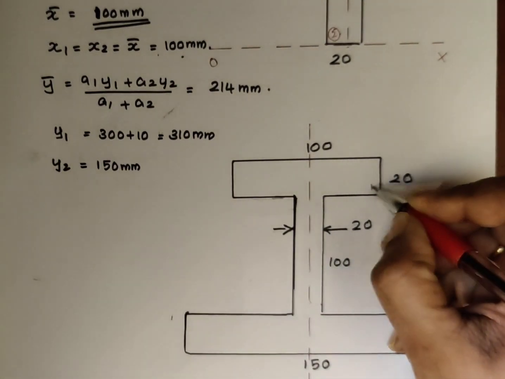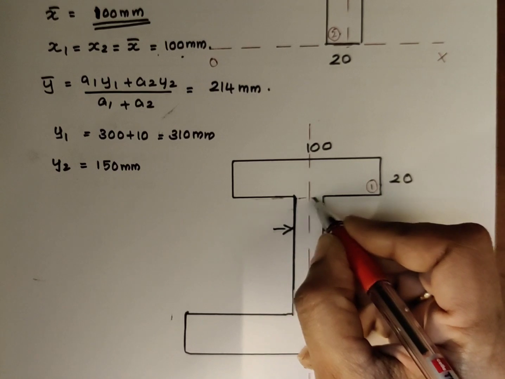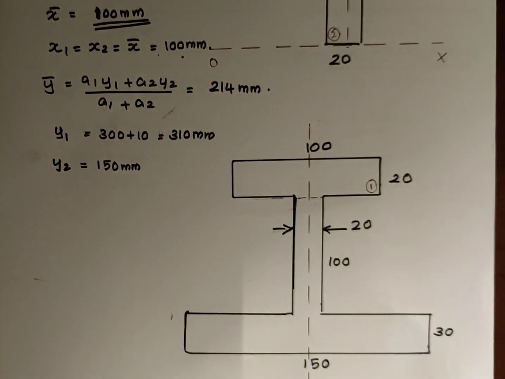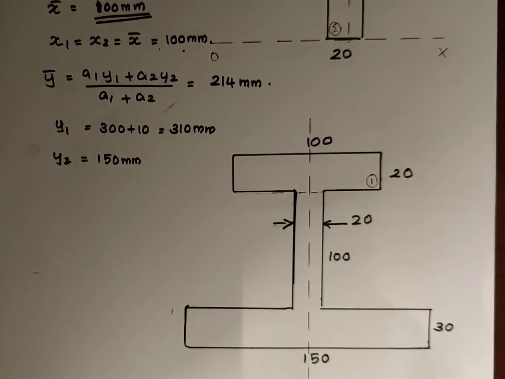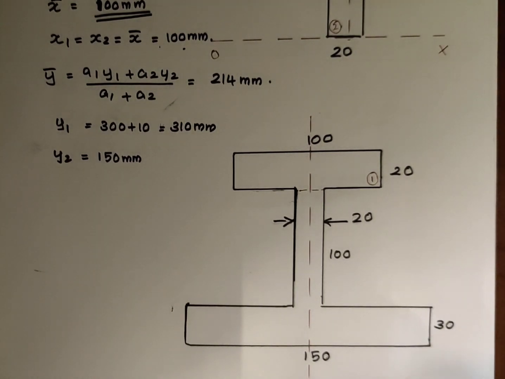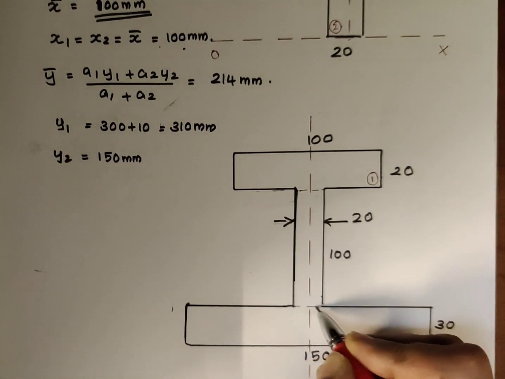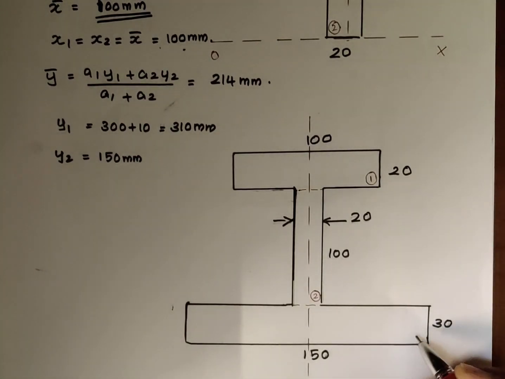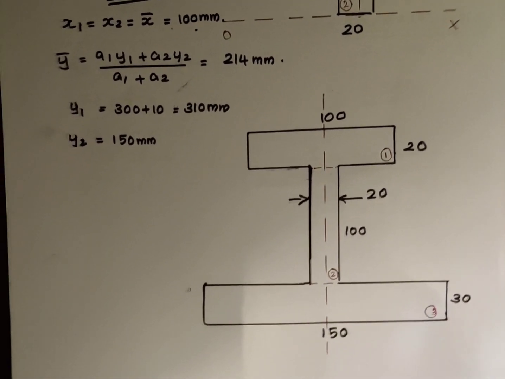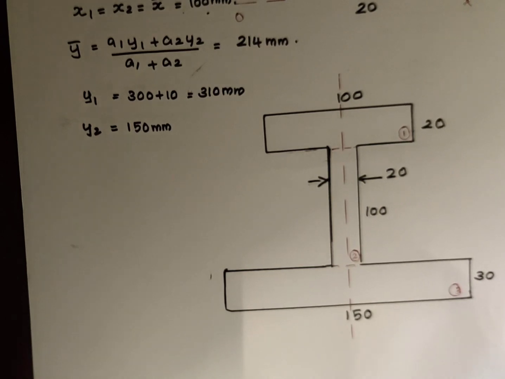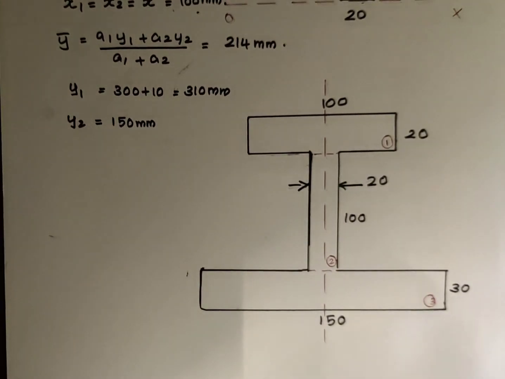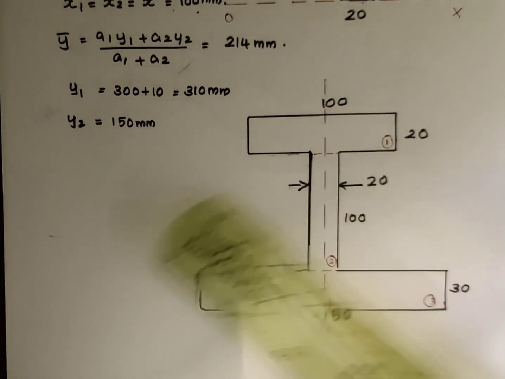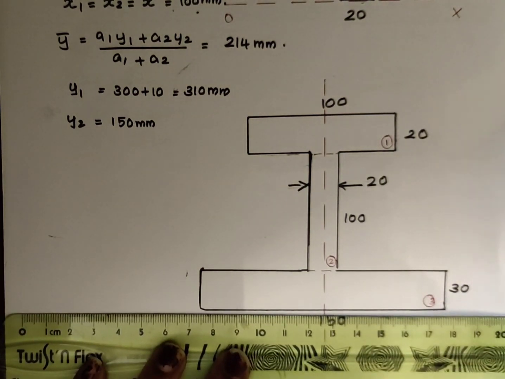So here you can assume this as the first rectangle. Now this is the second rectangle. And this is the third rectangle. So here, while calculating the y coordinate, you have to take the reference axis.